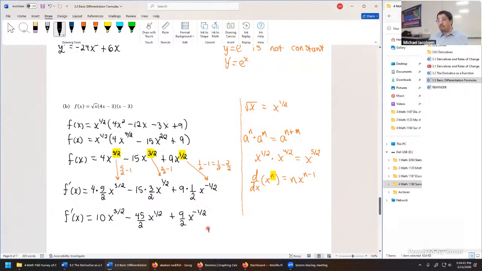Here is exactly where the calculus ends, and so this is always a very acceptable stopping point, including on WebAssign. This is an answer that you can put in. It's completely acceptable. So let's put here, just for the sake of notes, this is an acceptable stopping point.